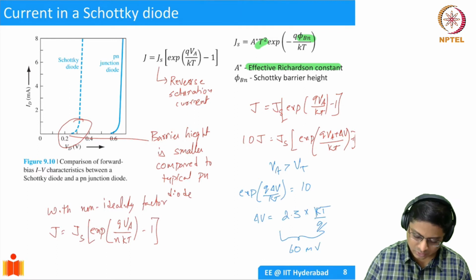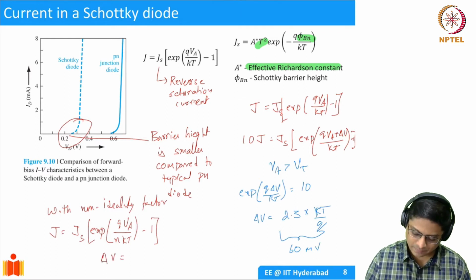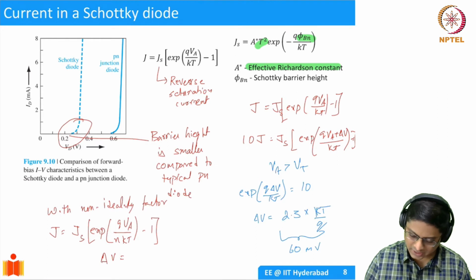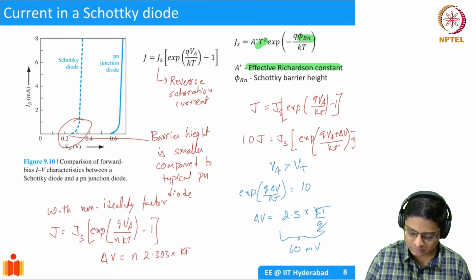So your delta V is going to become N times 2.303 times KT by Q, since N is in the denominator.